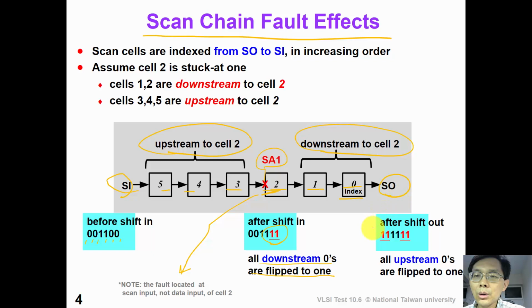And then when we shift out the scan chain, the other two zeros will be flipped to ones because all the downstream zeros will be affected by the fault. So we can see that at the end we would observe all 1s at the scan output.